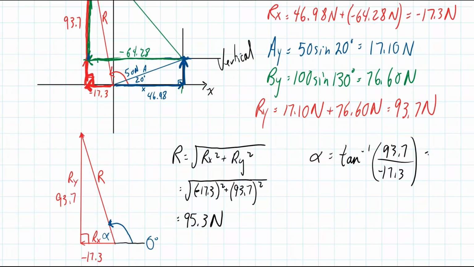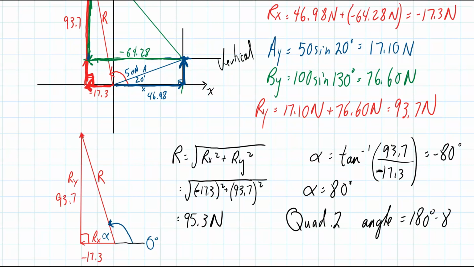That turns out to be negative 80 degrees if I round it to a whole number. That's telling us that the reference angle alpha itself is 80 degrees. I didn't really need the negative there. It is a negative direction, but for a reference angle, we take the absolute value. So if that is 80 degrees, then the quadrant 2 angle is equal to 180 degrees minus 80 degrees, which is equal to 100 degrees.